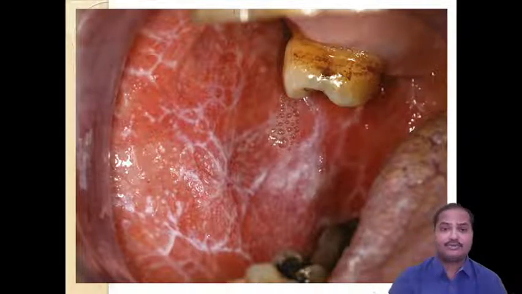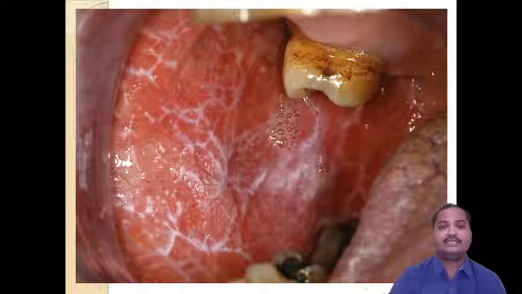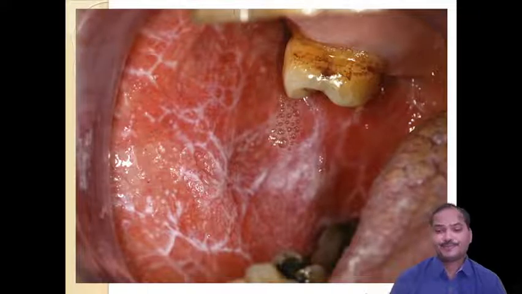These are the papules over here. Over here we can see papules and interlacing white lines. Some ring can also be seen in this particular lesion. So this type of lesion is said to be the reticular type.